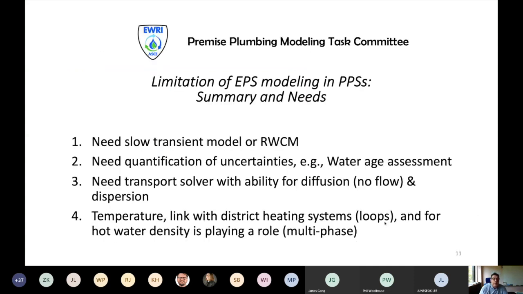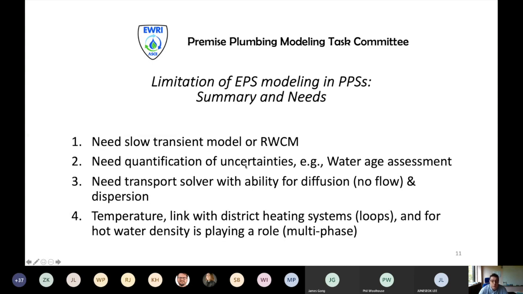In summary, our experience is that we need to have some slow transient model or rigid water column modeling inside the house as well. Even if we don't have the experience totally, we have to understand when we need to have that transient model, for example, for the toilet.